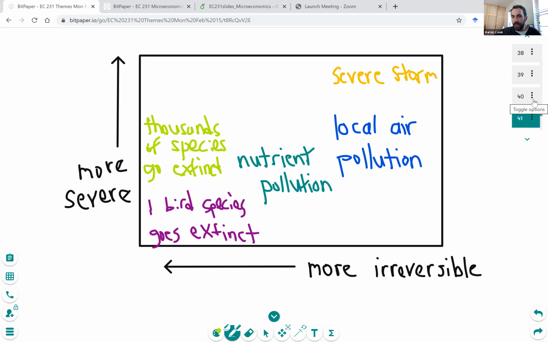That would be lost, and because it's on a much larger scale, now you're talking about thousands of species going extinct, that's something that's just as irreversible as the one bird species, but potentially more severe.